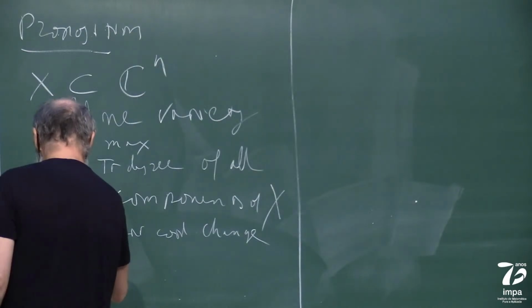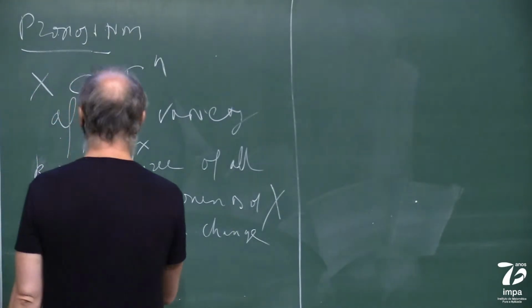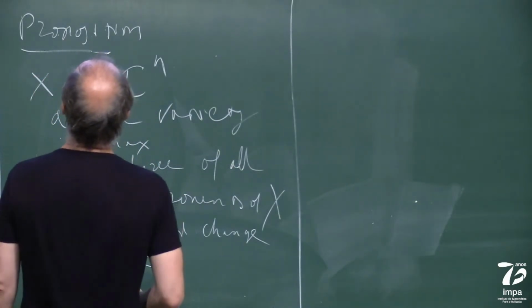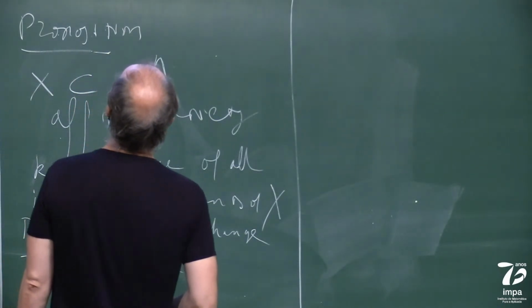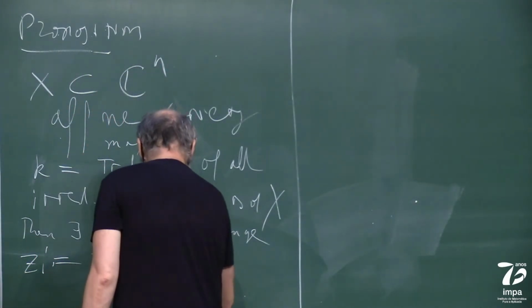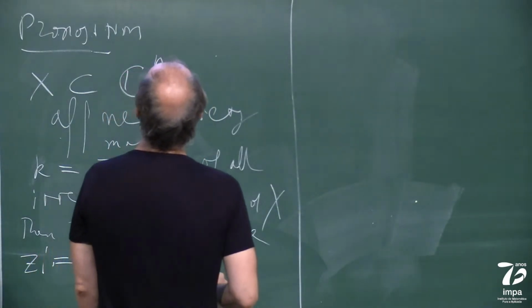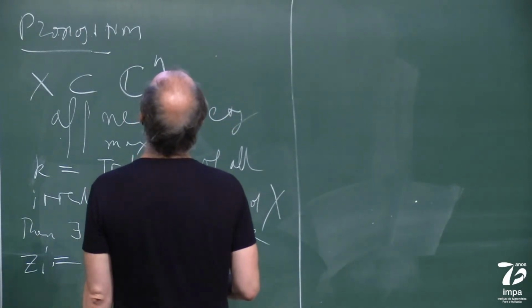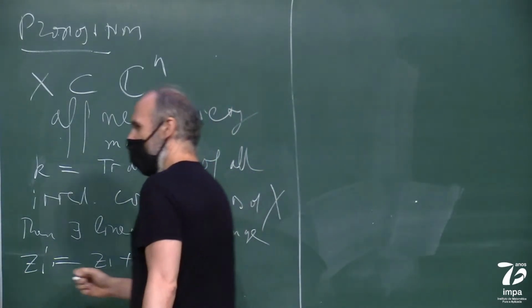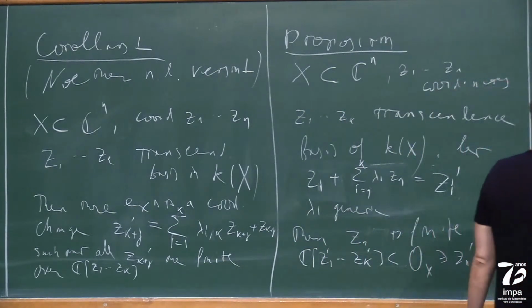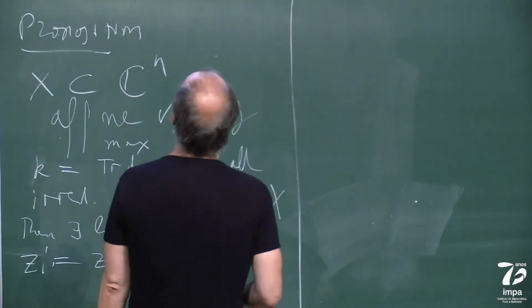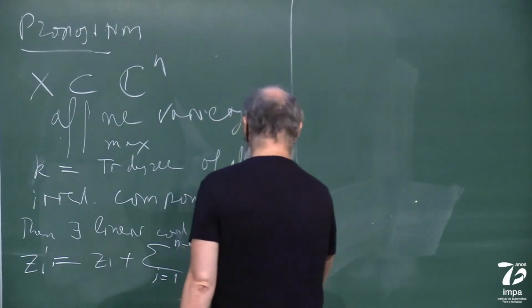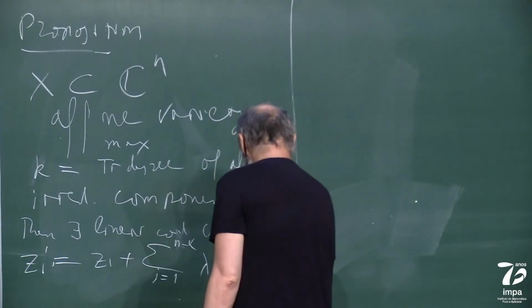Z_i prime is by definition equal to Z_i plus the sum over j from 1 to n minus k of lambda_j times Z_{j+k}.